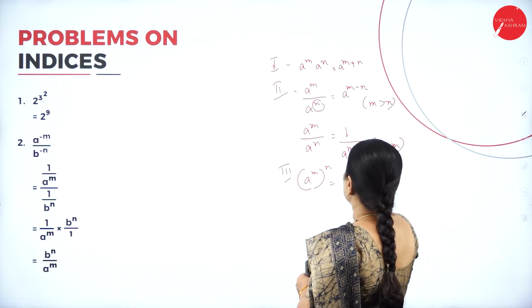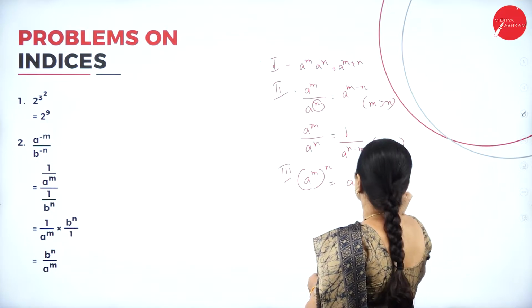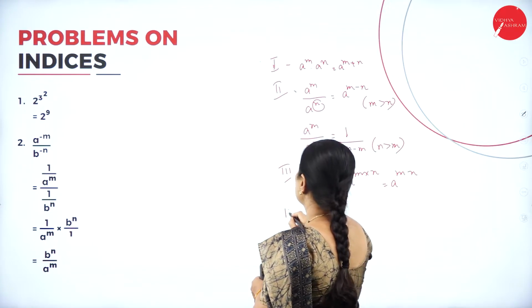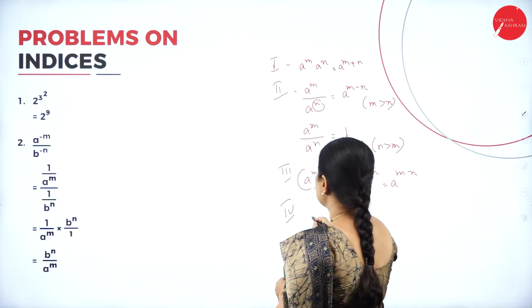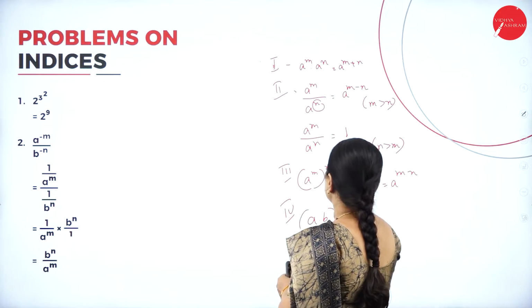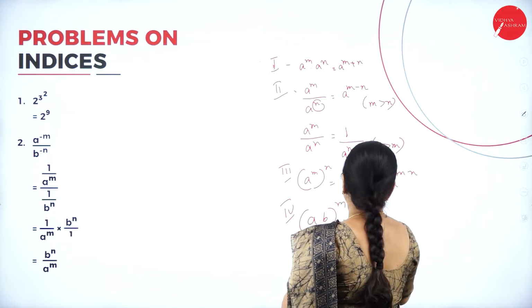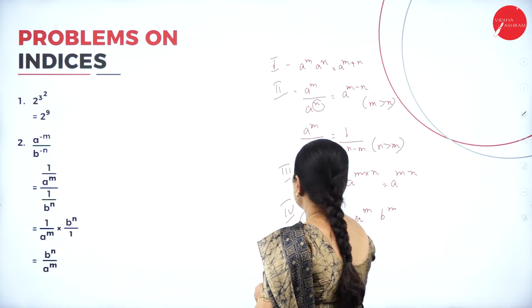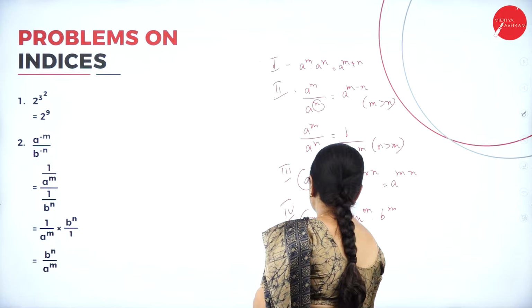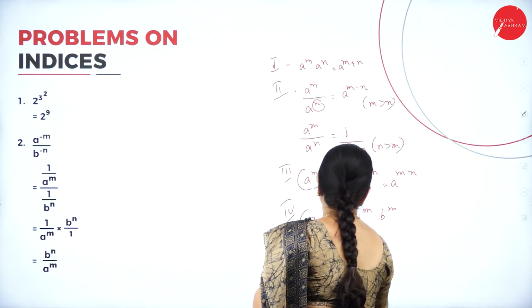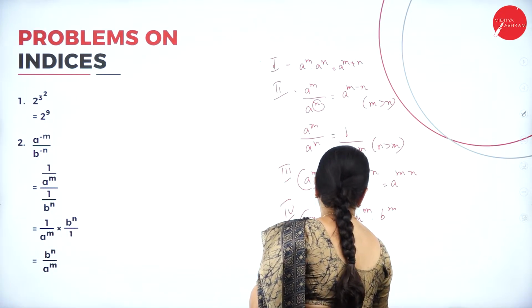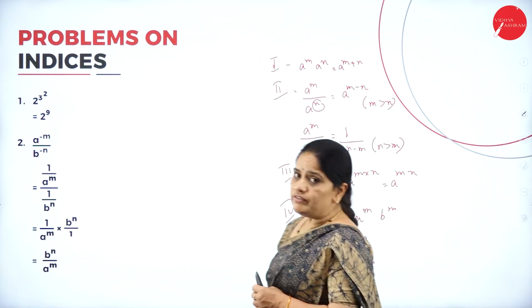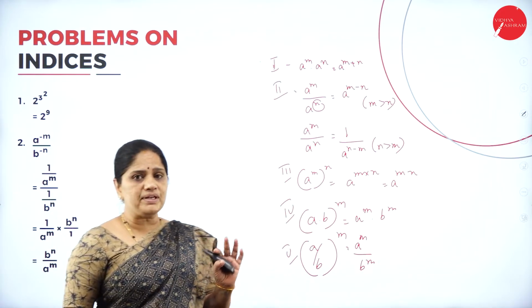So, it will be a to the power of m into n, that is a to the power of mn. Now, what does the fourth law tell us? a into b to the power m equals a to the power of m into b to the power m. In the fifth law, a by b to the power m equals a to the power of m by b to the power m. So, these are the 5 laws of indices which we had discussed in the previous class.